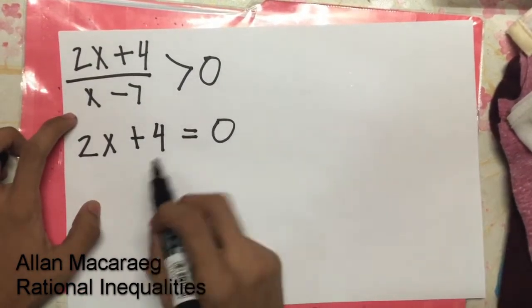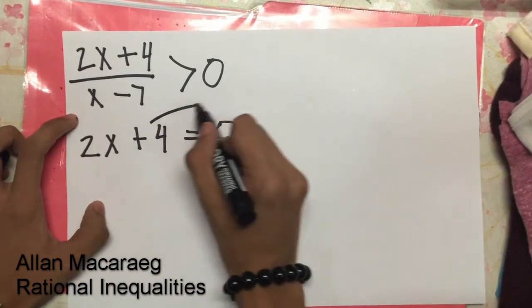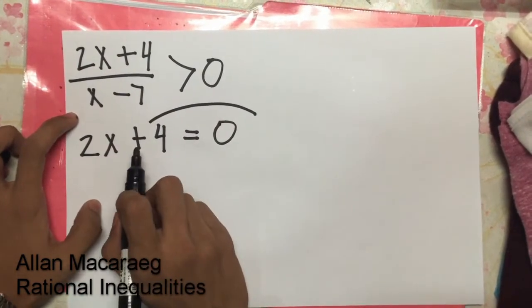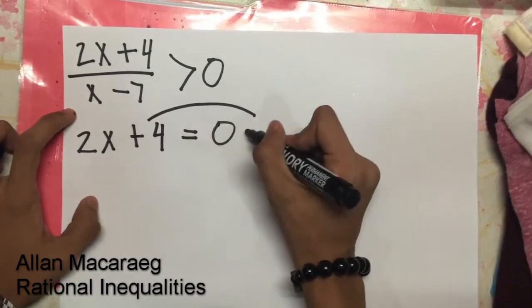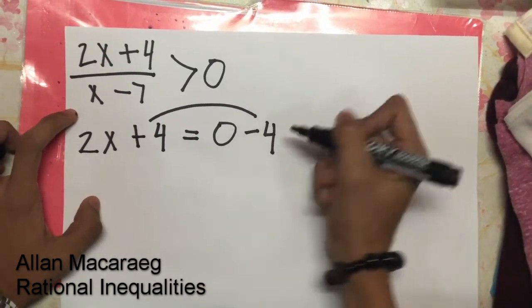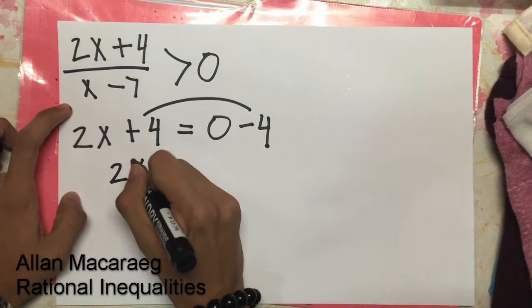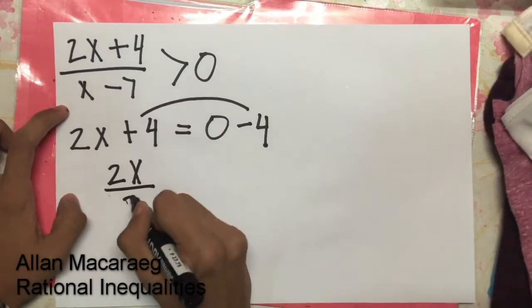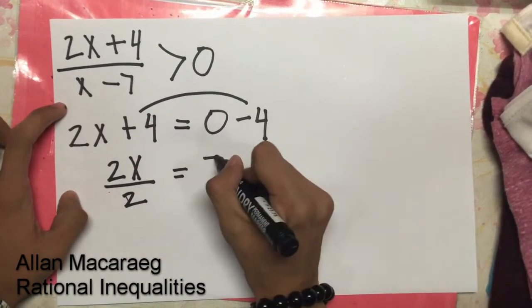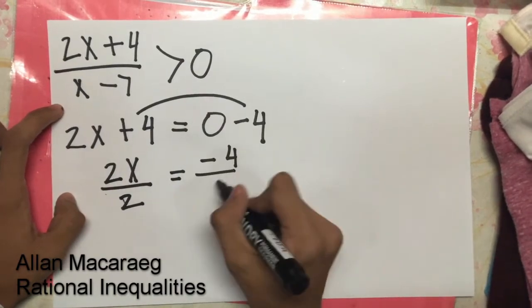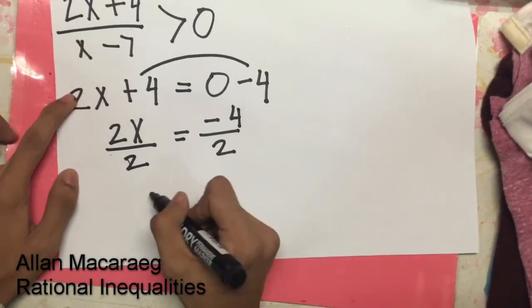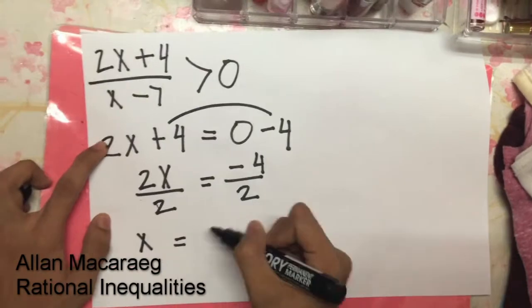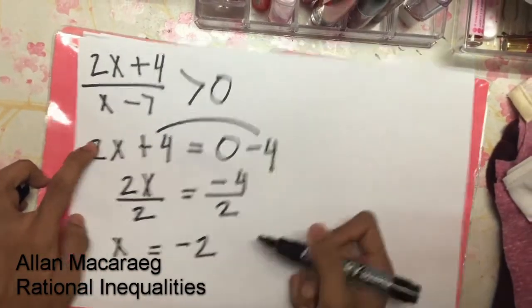Let's transpose plus 4 to the right side. So if we transpose, plus 4 will become negative 4. So 2x equals negative 4, divided by 2. So the answer will be x is equal to negative 2.